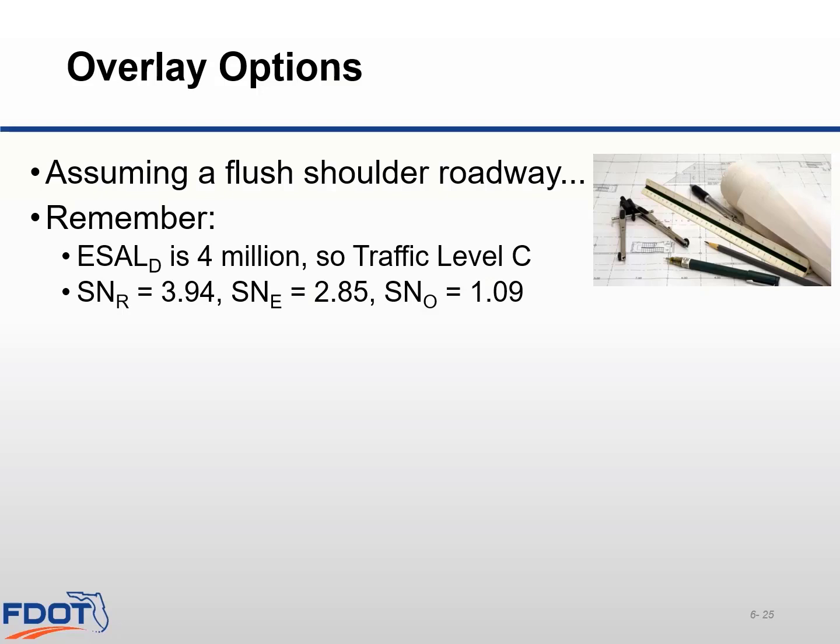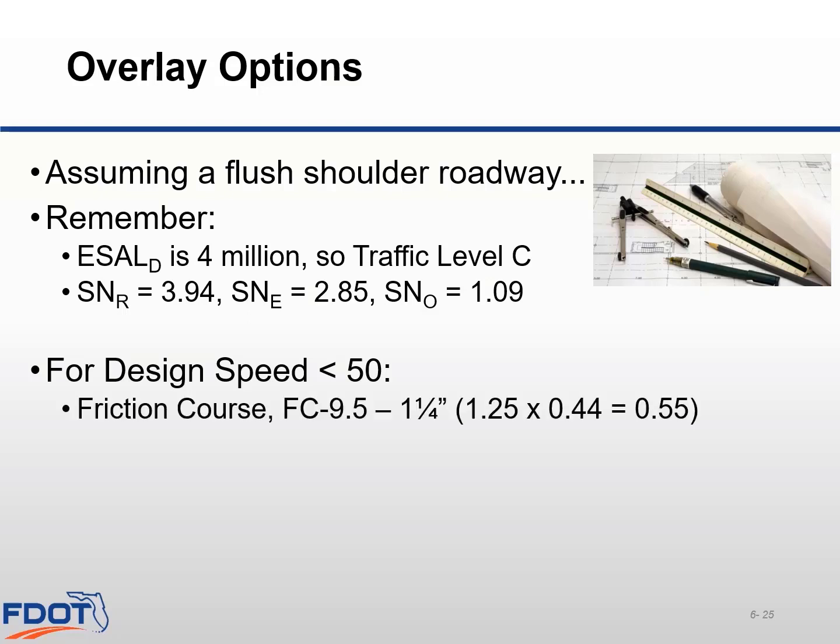So for this example, let's look at what our layers could be if our design speed was less than 50 miles an hour. Since we're less than 50 miles an hour, we can use a dense graded friction course. So let's try an FC 9.5 layer on top of our structural course. And since we know that our overlay thickness should be around 2.5 inches based on the calculations on the previous slide, then let's make an even 2 layers out of this.